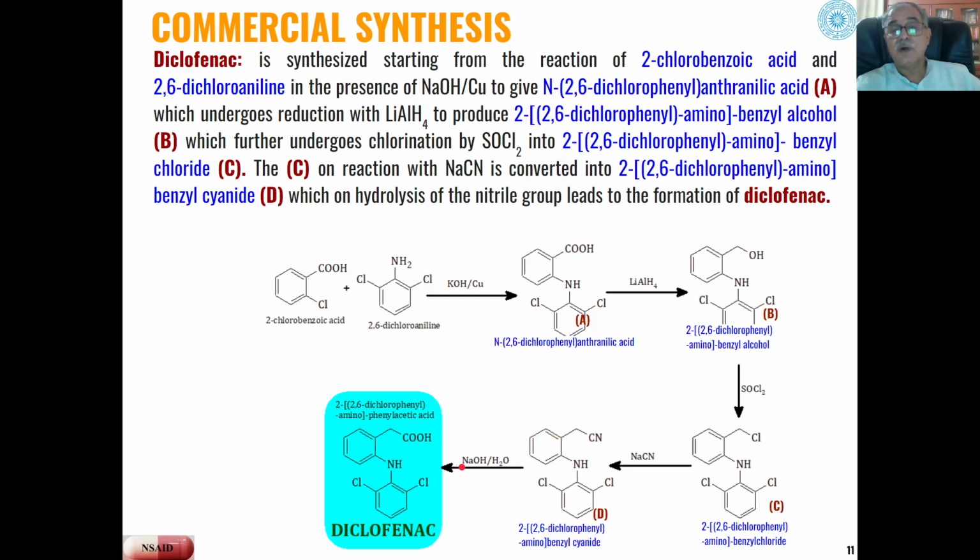So this is how this condensation of aromatic acids with aromatic amines will lead to the formation of diclofenac as the product. And in the market, this is generally sold as sodium salt. So diclofenac sodium we say.